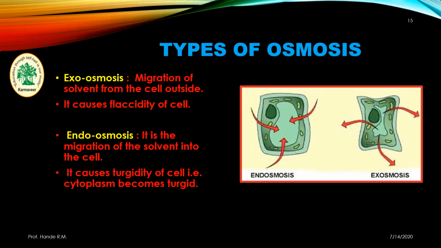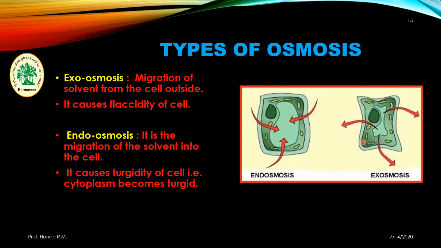What is meant by endoosmosis? Endoosmosis is a migration of the solvent into the cell. Here the solvent enters into the cell, which is known as endoosmosis. What is meant by exoosmosis? Exoosmosis means solvent migrates outside from the cell. Exoosmosis occurs due to the flaccidity of the cell.